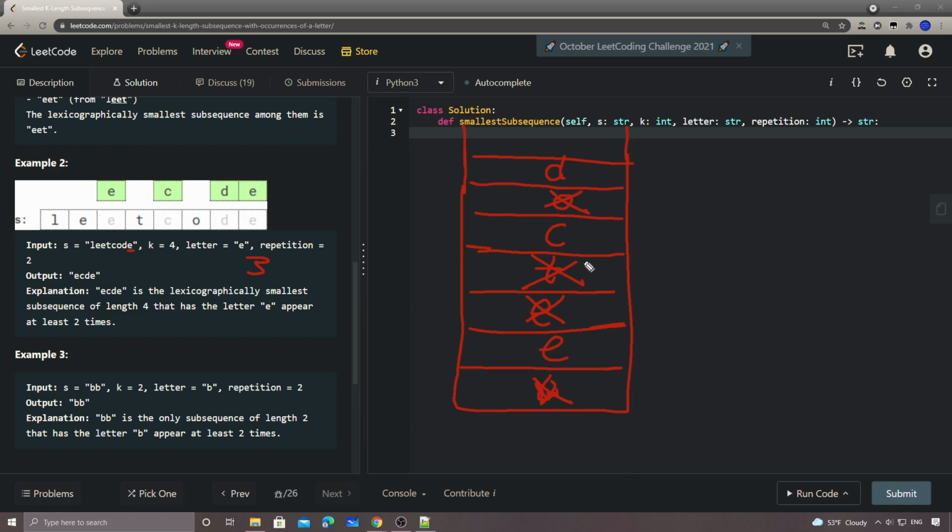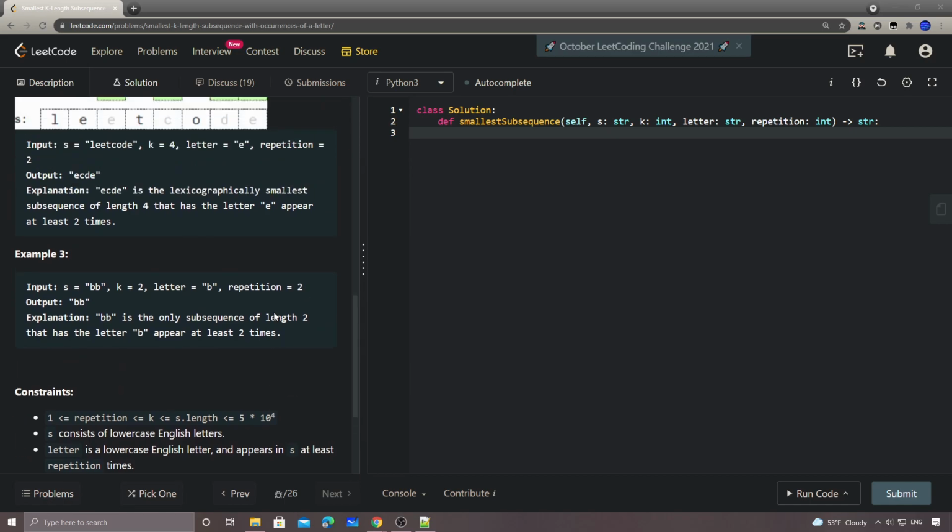And we have E, C, D. The last one is E. So in the end we have this E, C, D, and E for our answer. Okay, I think that's the main idea.